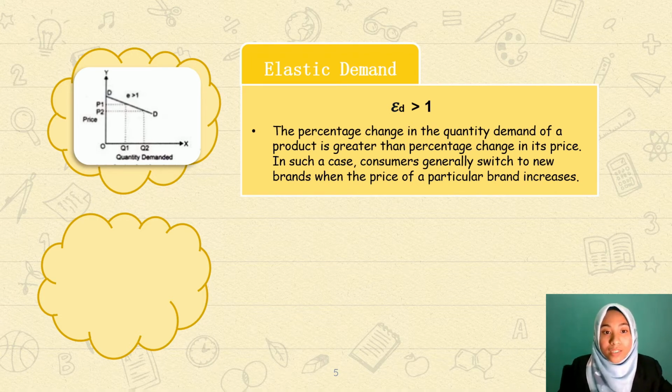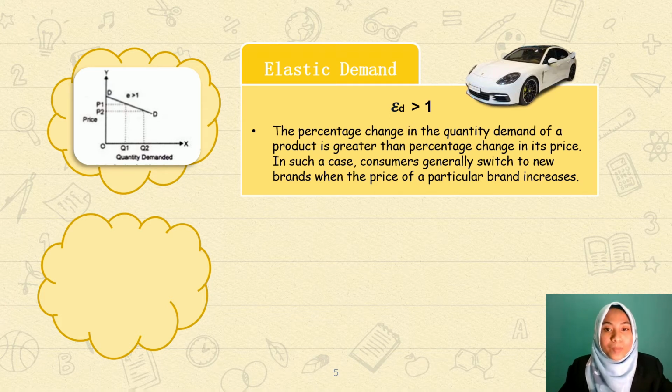In such a case, consumers generally switch to a new brand when the price of a particular brand increases. However, some consumers are loyal to the same brand. I would like to give you an example like Porsche. Porsche is a brand of car.